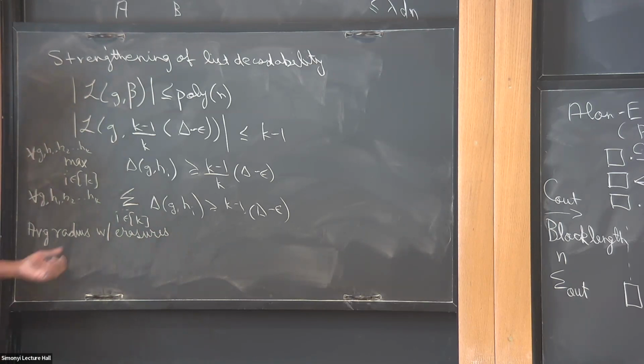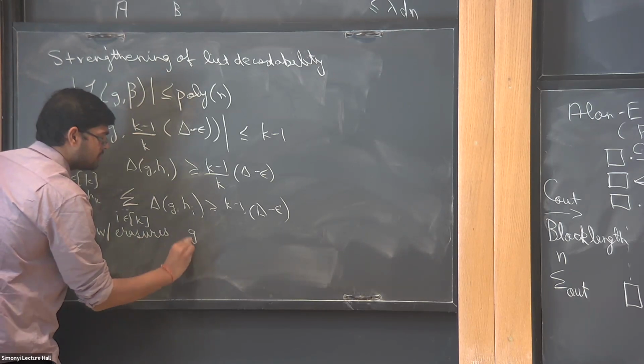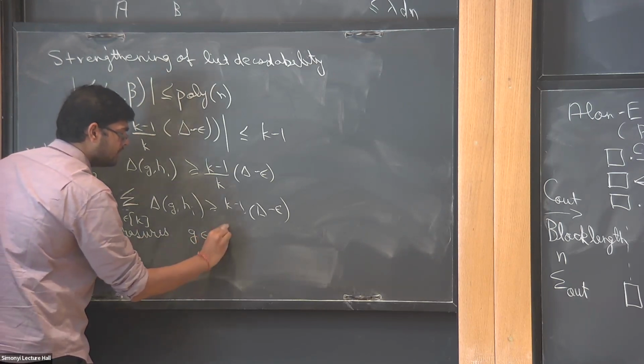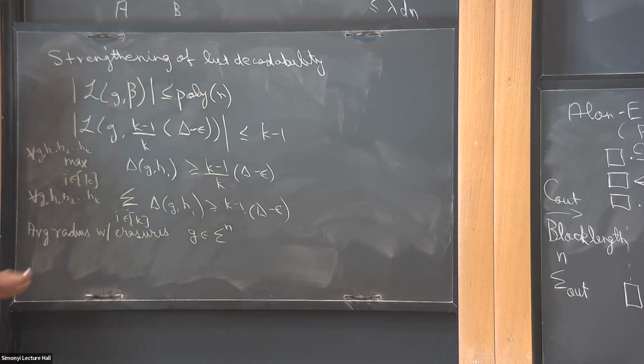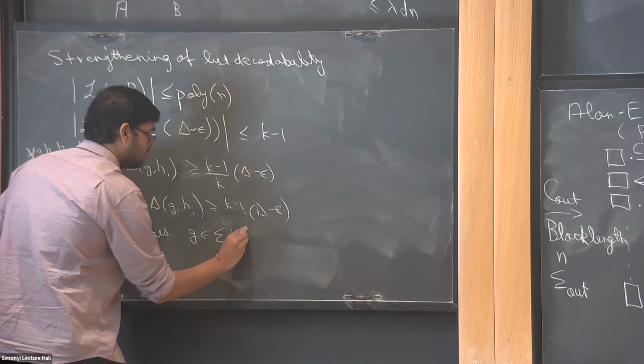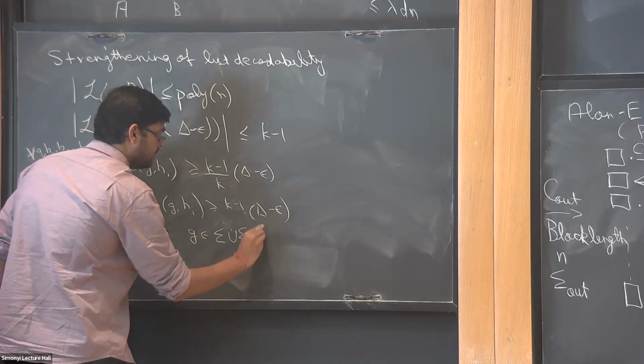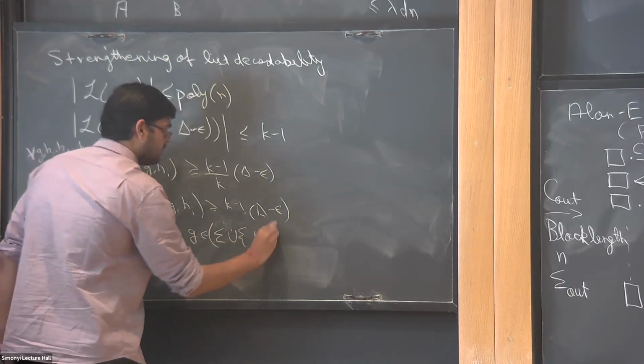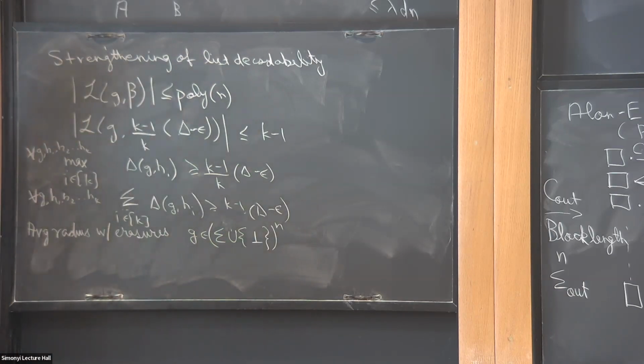Which is to say now this G, which is an arbitrary string in sigma to the n, won't just be having symbols from sigma, will actually be sigma union a null symbol that is used to declare erasures.